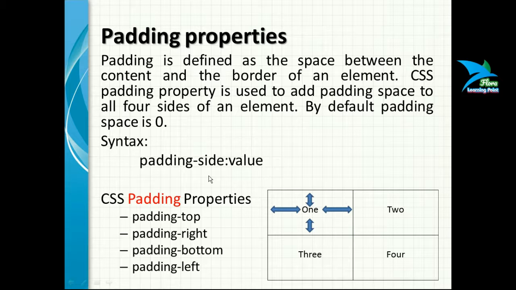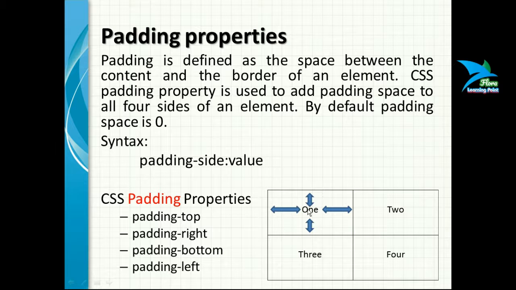So we have four sides of padding properties to set the gap between contents and the border, that is top, right, bottom, and left. Here we have an example of a table. This one is the content of this cell, and this one is the border around the table. If you want to set the padding, you can change these gaps.